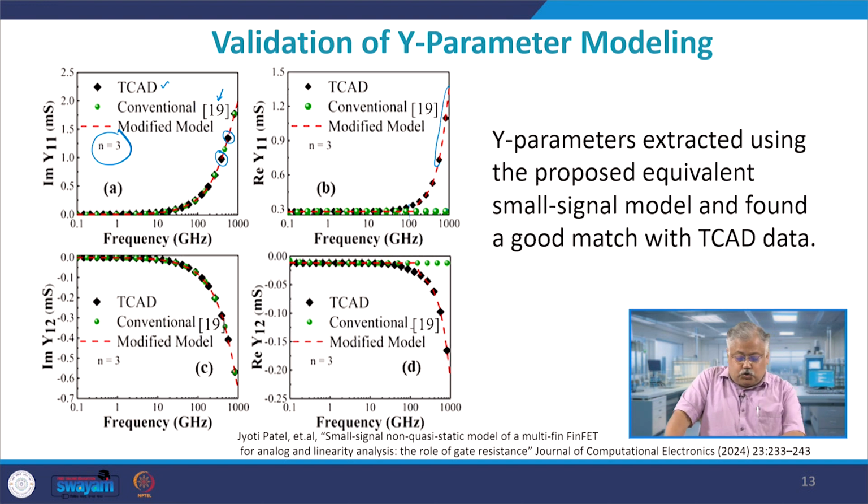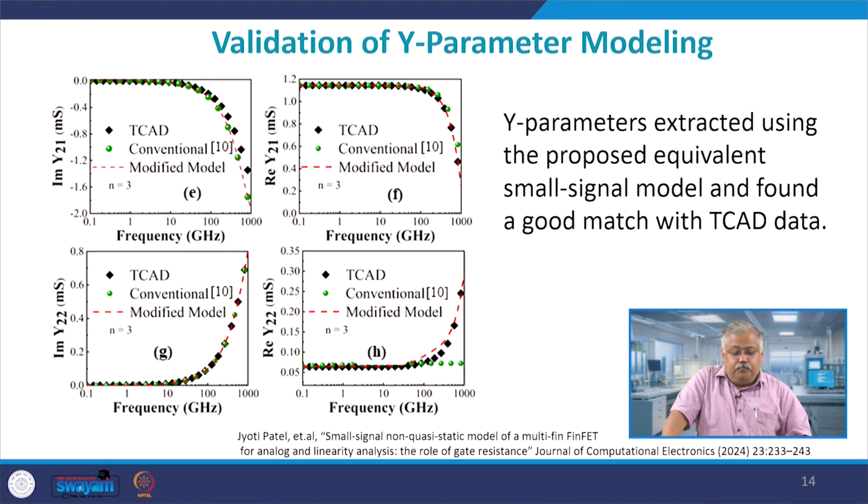And the same is true if you look at this graph here, when you do a real part of y12, while the other values actually start to change, this remains almost constant, which means that for the first time using TCAD and the model, we were able to match very clearly that beyond 100 gigahertz you can actually do a modeling for this FinFET, for Y parameter at least.